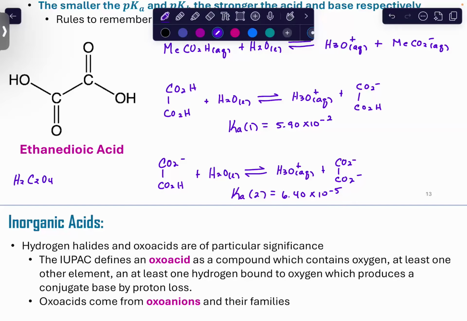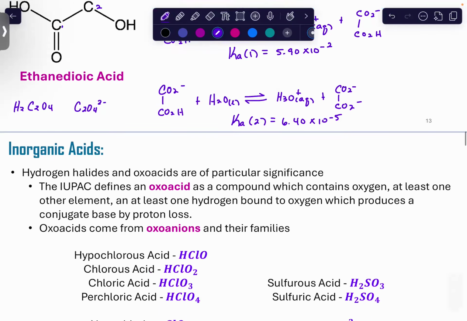C2O4. What is the charge on C2O4 if it doesn't have the hydrogens? 2 minus. Can't remember the name of it. That is the oxalate ion. So what would you call this acid then? Dioxylic acid? Nope, just oxalic acid. Yep. So a more common name that you learn in Gen Chem is oxalic acid, but of course it's also called ethane dioic acid: the dioic for the two carboxyl groups, and the ethane for the C1, C2. Yeah, that's a very OChem way of naming. It is, very much so.